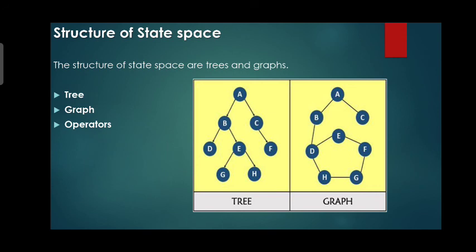Now what are operators? Operators are the directed edges between the nodes. In this context, the search process explores the state space. In the worst case, the search explores all the possible paths between the initial and the final state. That is a rare condition.